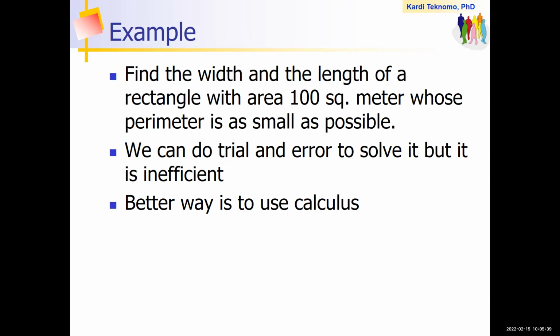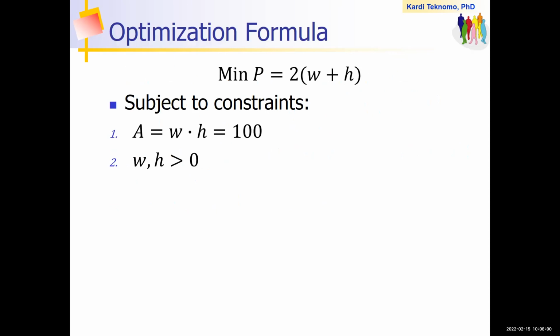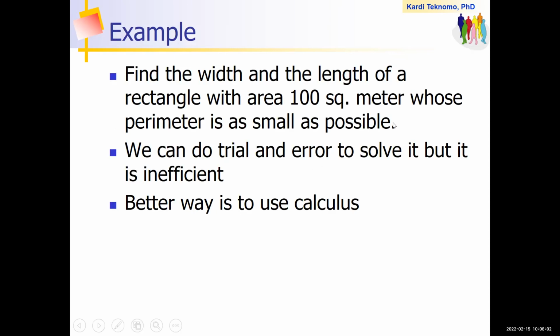So let's take an example here. Say you want to find the width and the length of a rectangle of area 100 square meters whose perimeter is as small as possible. Of course, we can do trial and error, but this is inefficient. A better way is to use calculus. What do we want to know?